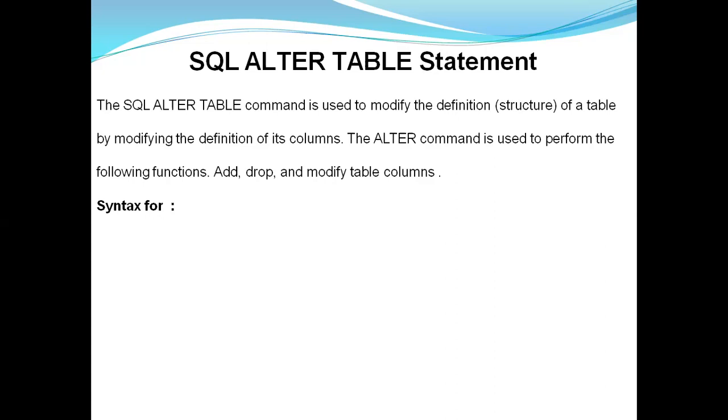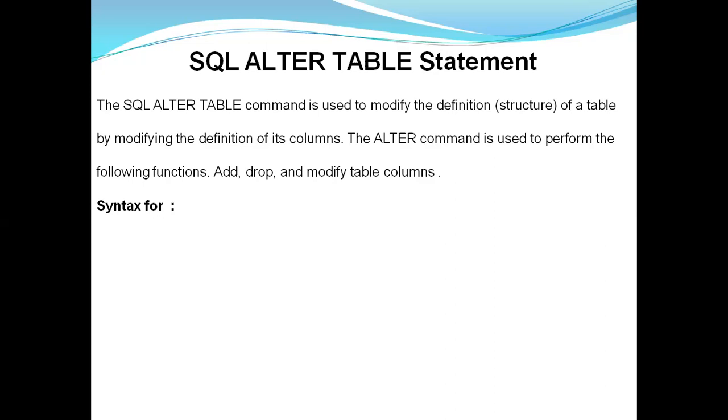Alteration can do three things: adding a new column, dropping the existing column, or modifying the existing column. These are the things which can be done with the help of the SQL alter table statement.